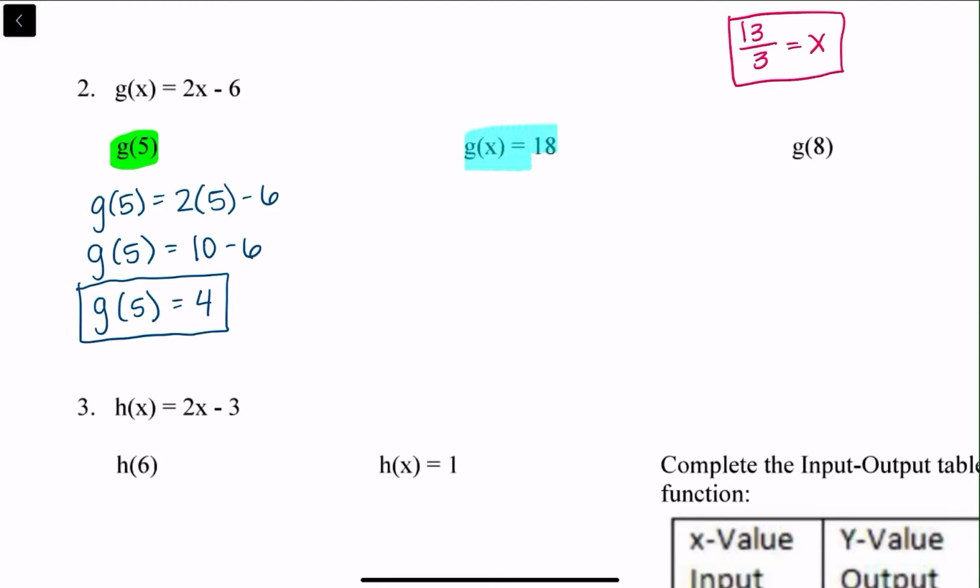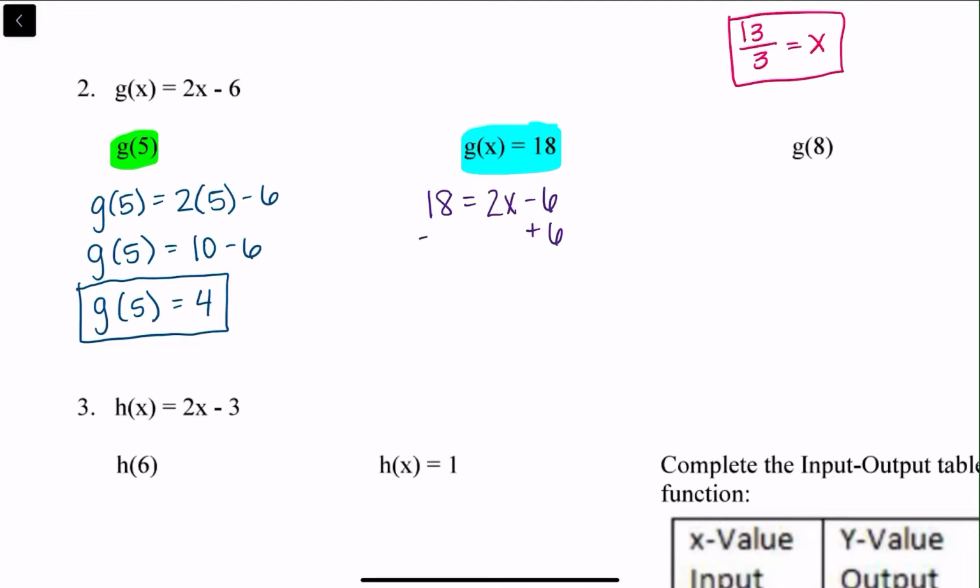Next, I have g of x equals 18. Here, I will take my g of x and change it to 18 because in my problem it says g of x equals 18. So instead of replacing x, I replace g of x with 18 and set that equal to 2x minus 6.